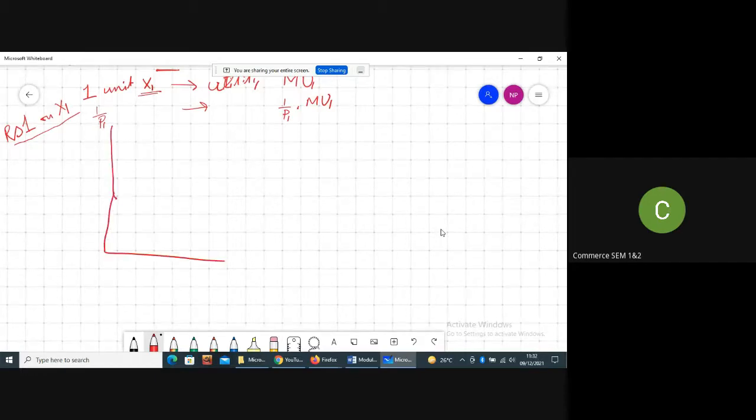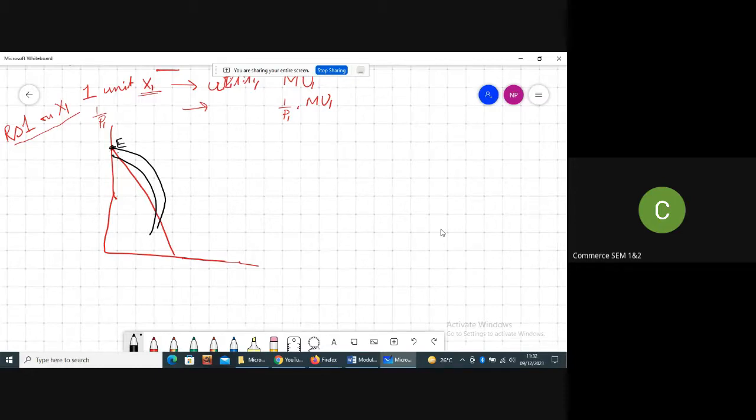Say if this is your budget line and say the indifference curve is concave to origin, then say at this point the consumer can get the highest level of utility. So this will be the equilibrium point.